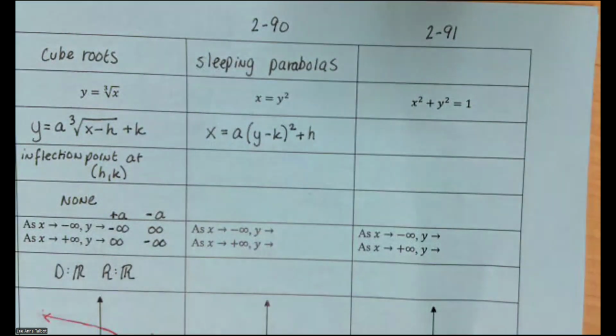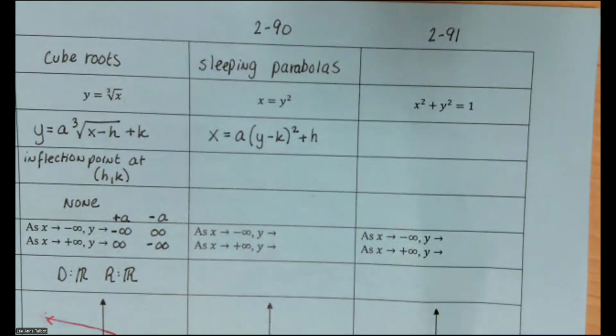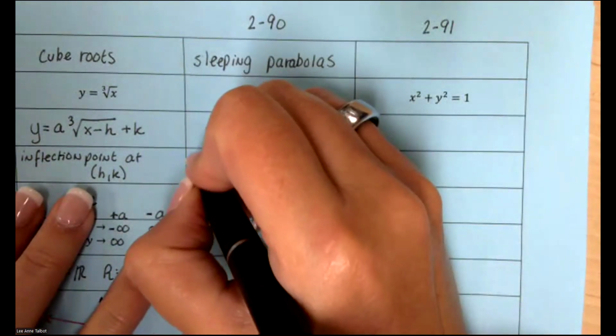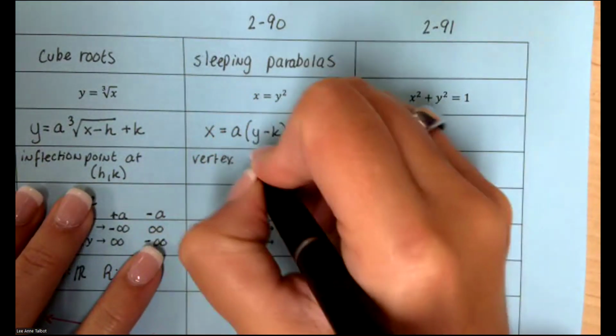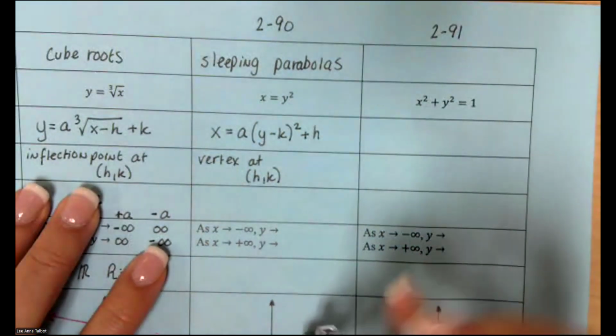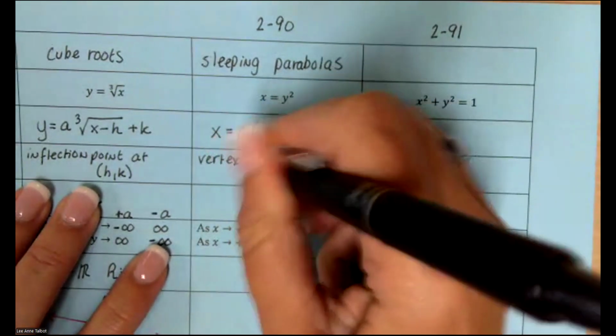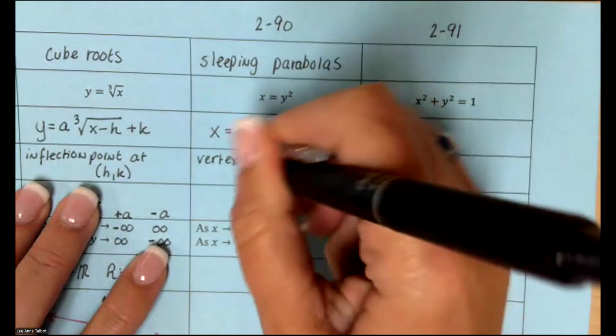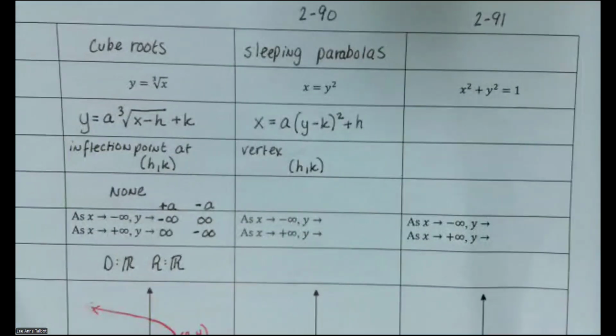Yeah, that's why you're going to be happy to have this set of blue sheets. You can make a note card and put things on it if you want. So, okay, sleeping parabolas have a vertex. And it's still HK. That part doesn't change. Vertex is still HK.